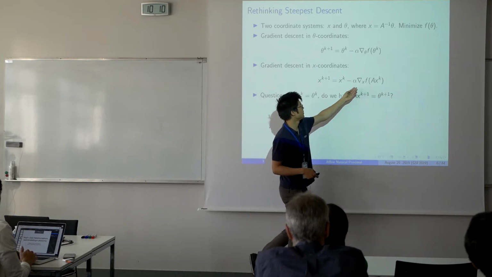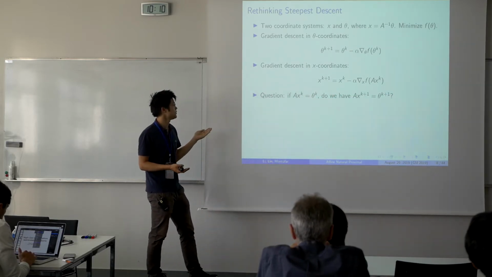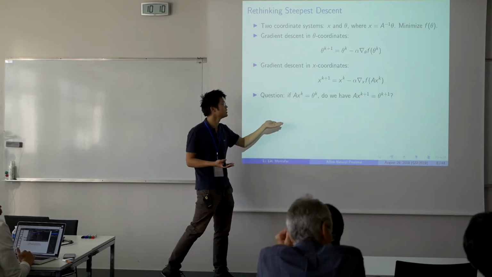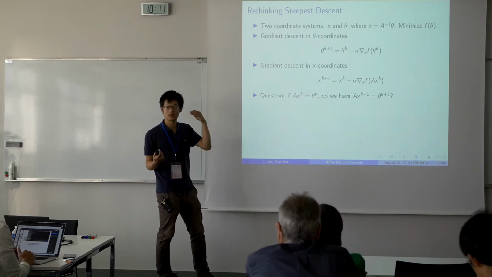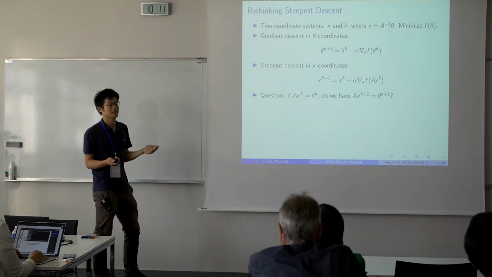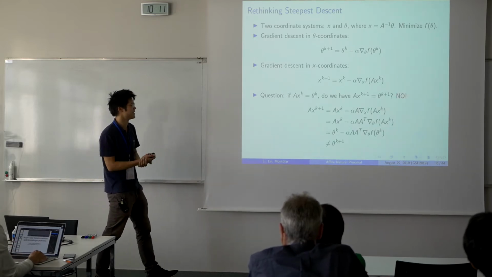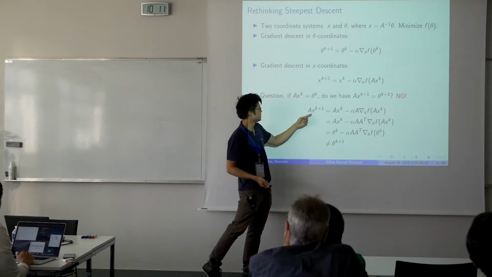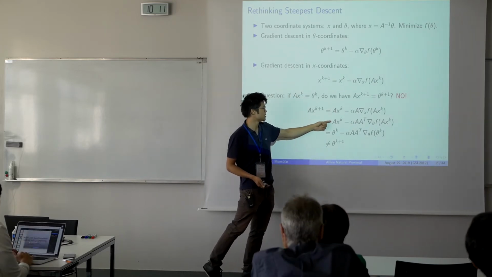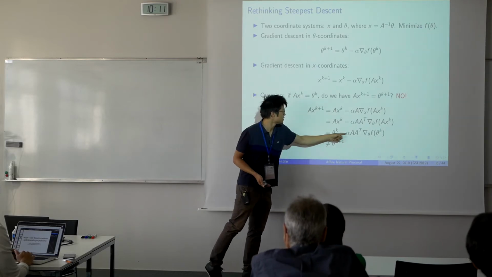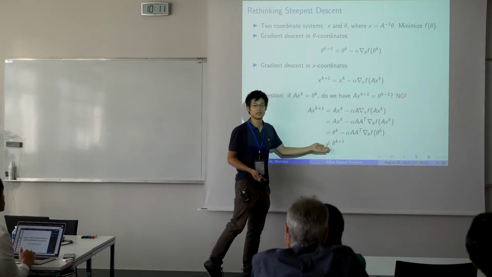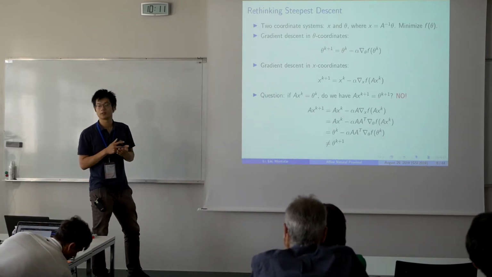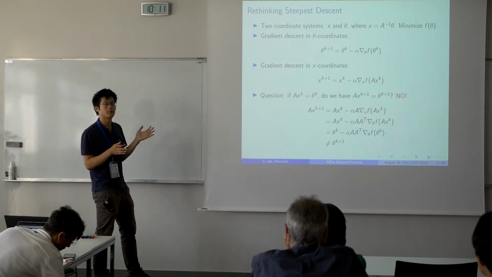But if at the kth iteration A x_k equals theta_k, does A x_{k+1} equal theta_{k+1}? The answer is no. If you just do the simple math and multiply this side by A, A x_{k+1} will equal these expressions, and this expression doesn't equal this one. So definitely A x_{k+1} doesn't equal theta_{k+1}. You definitely need to take care of how you parameterize things.